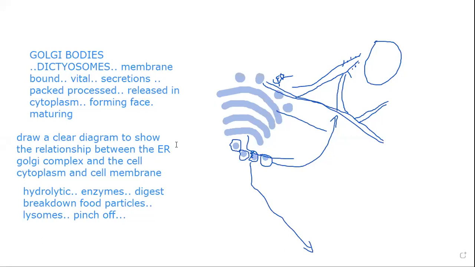We have two concepts in the cell. Cell apoptosis is a natural phenomenon and it is a controlled cell death.